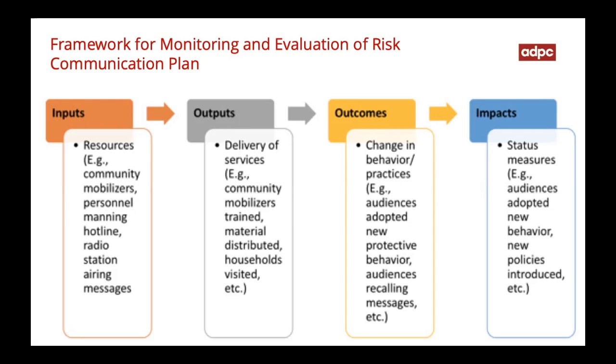You get my point? From absence to presence, from none to something. So it's not a condition or situation. This is something more tangible. So I hope that's clear in the context of your risk communication plan. See, change in behavior, practices, measures.